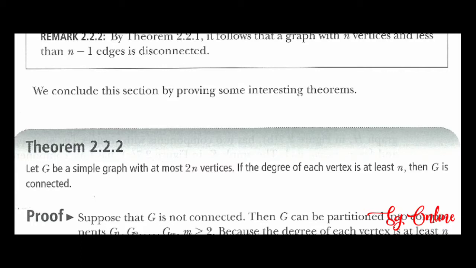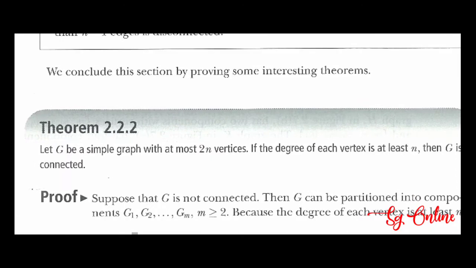That is, if the degree of each vertex is greater than or equal to half of the number of vertices, then the graph must be connected. So it is a sufficient condition, and we prove it in this way. It is also a very simple proof.